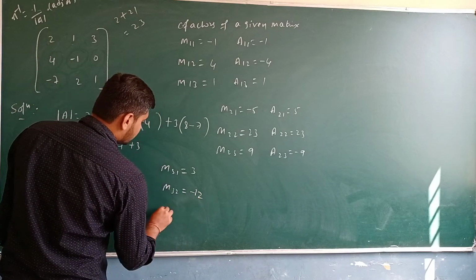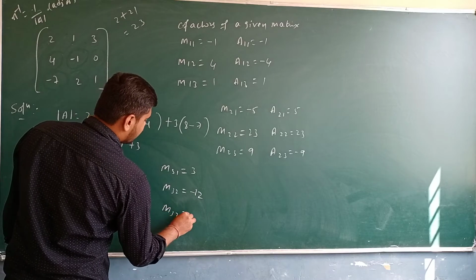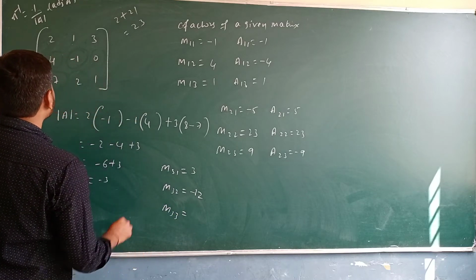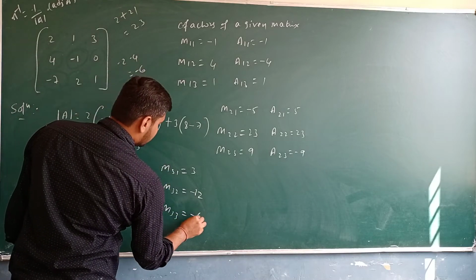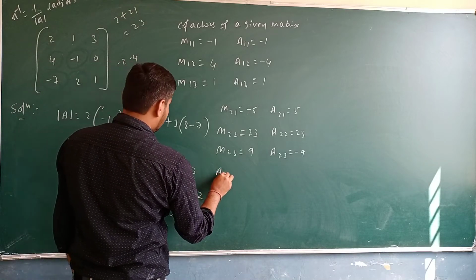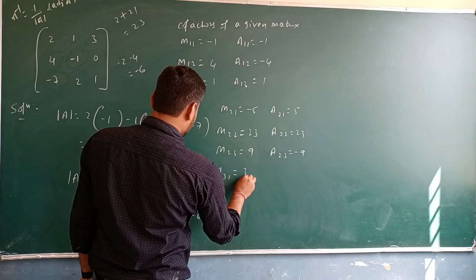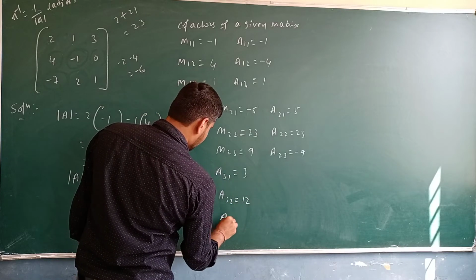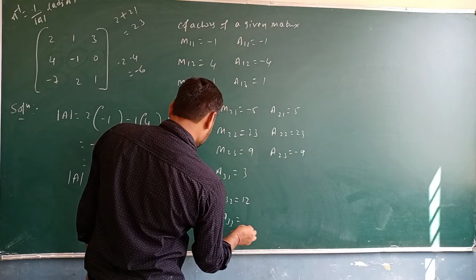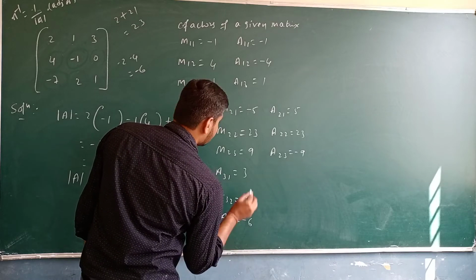Then M33 for this one, so minus 2 minus 4, that's going to be minus 6. Then A31 is equal to 3, then A32 is going to be plus 12, A33 we are getting minus 6.